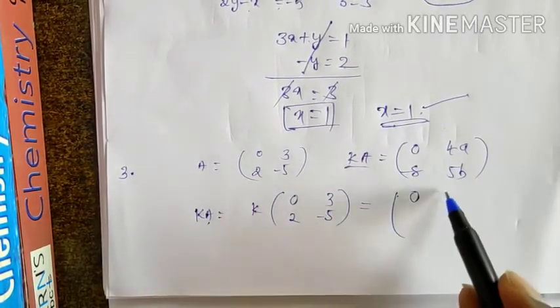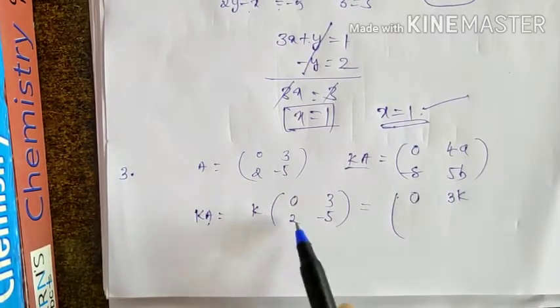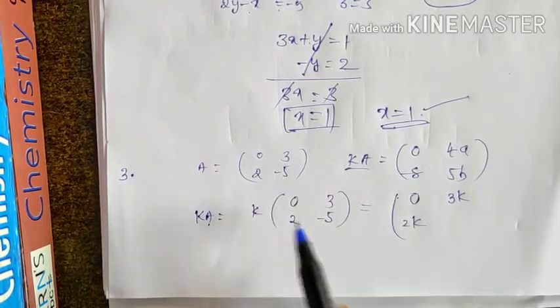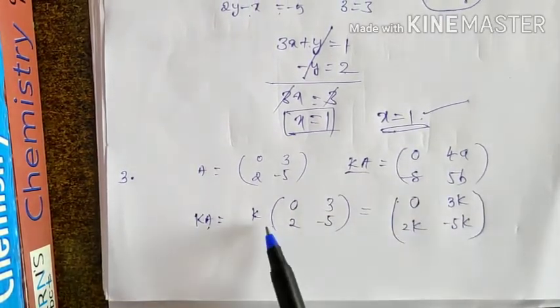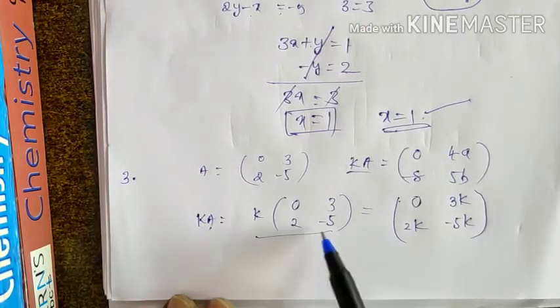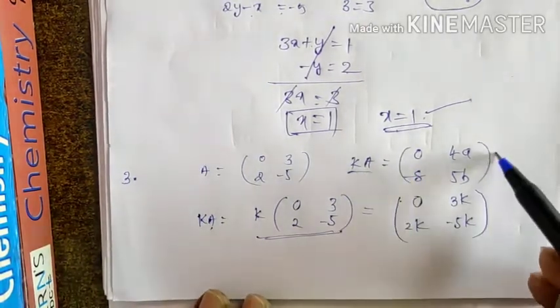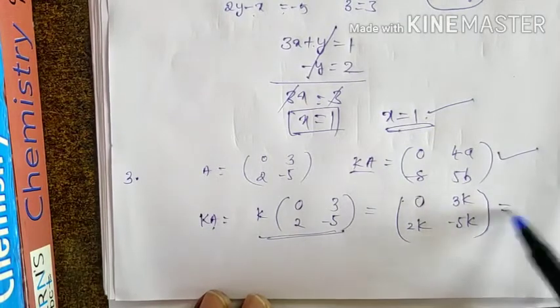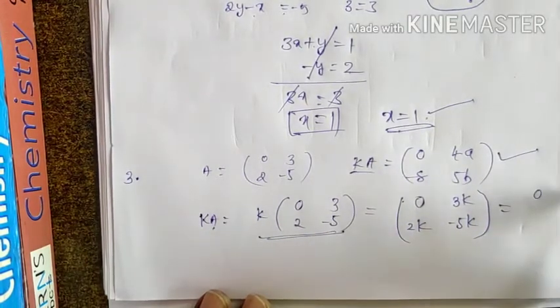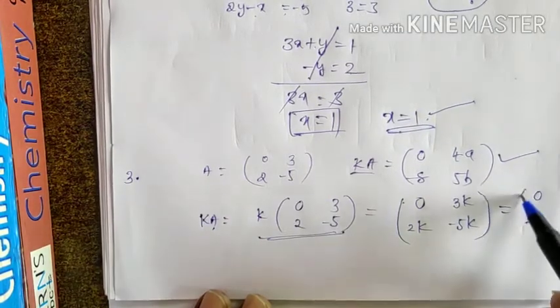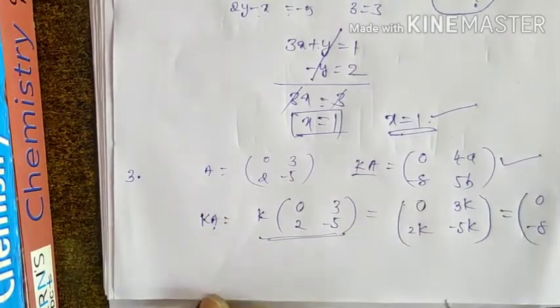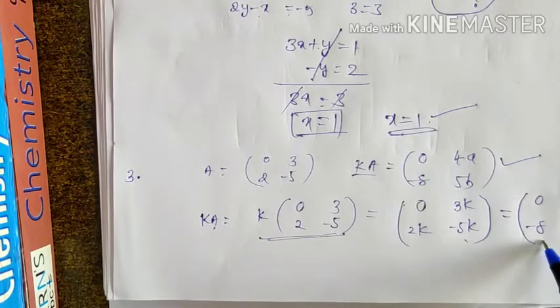K into 3 is 3k, k into 2 is 2k and k into minus 5 is minus 5k. This is k into A. The value of kA is already given, so that equals [0, 4a; minus 8, 5b], right?